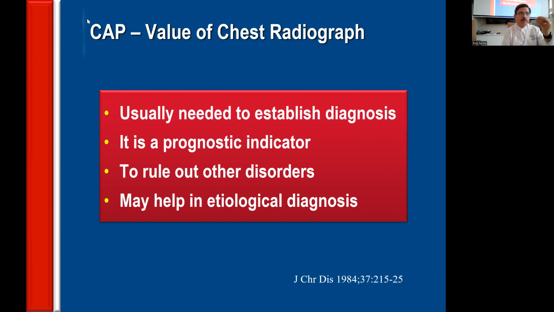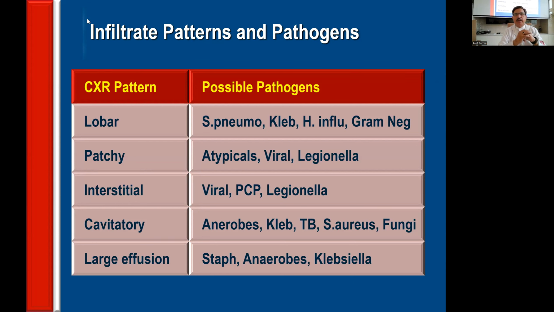Now, what are the X-ray patterns which will help me to diagnose the pathogen? Without even doing culture, I can surmise that this could be the pathogen when I see these X-ray patterns. There is a lobar involvement. Lobar means upper lobe, lower lobe, middle lobe. On the right side, any one particular lobe is consolidated.